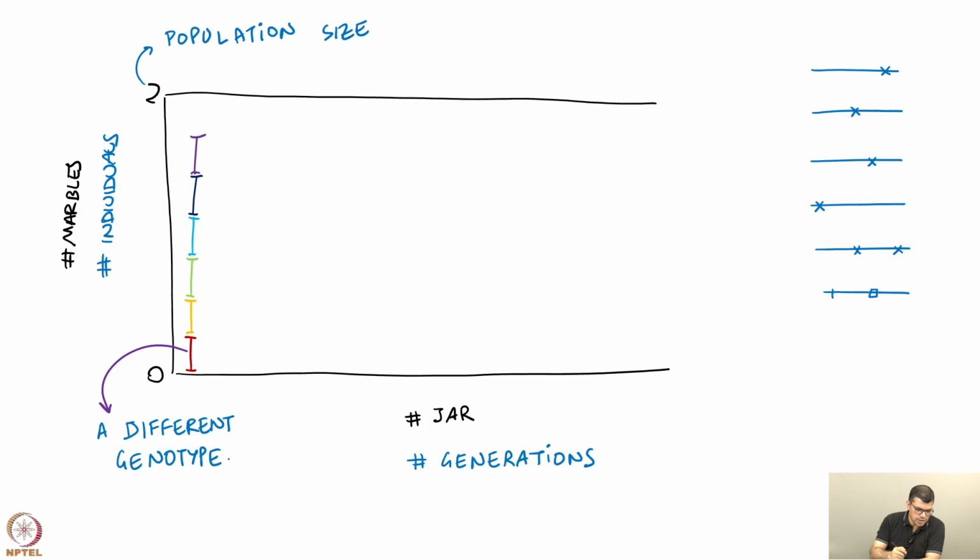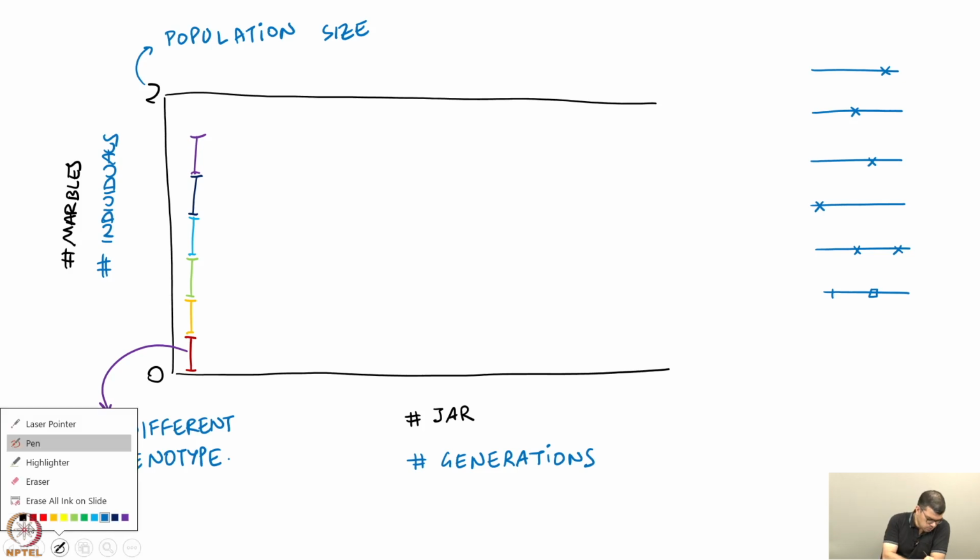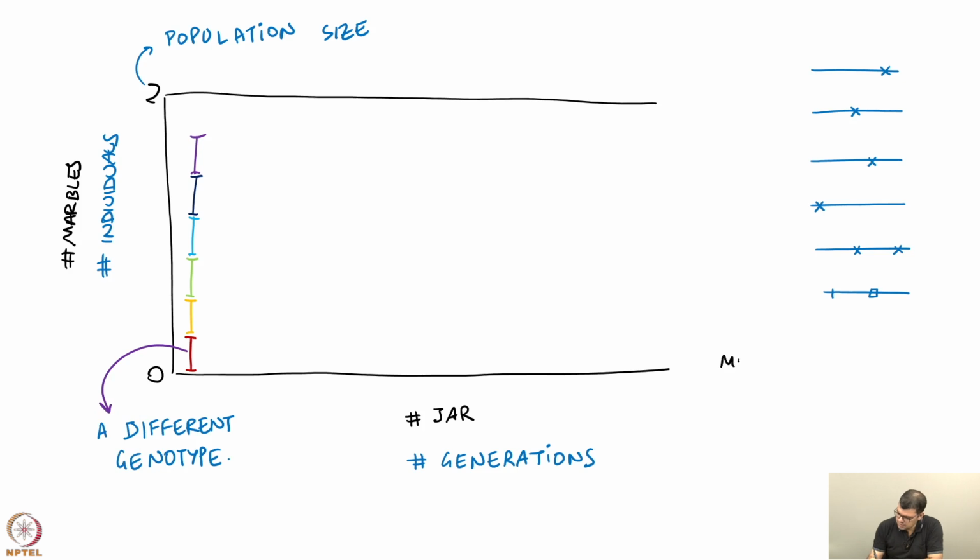In the marbles in the jar game, we said that each marble is identical to every other in all respects other than the color. So let me write this rule in black. Marbles were identical except color, and equally likely to be drawn.